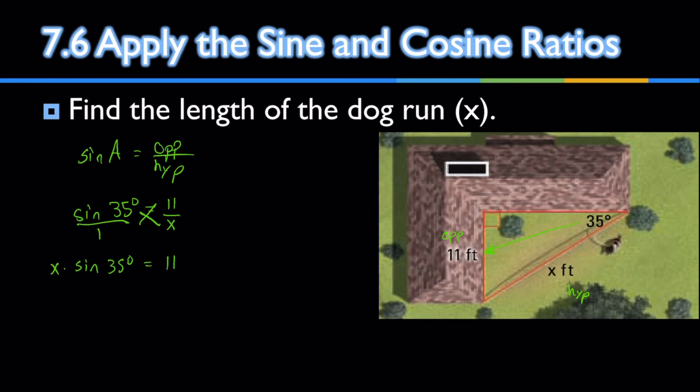Since it's x times sine of 35, we'll divide by sine of 35. And x is 11 divided by sine of 35, which is 19.2, and our unit was in feet. So the dog run is 19.2 feet.